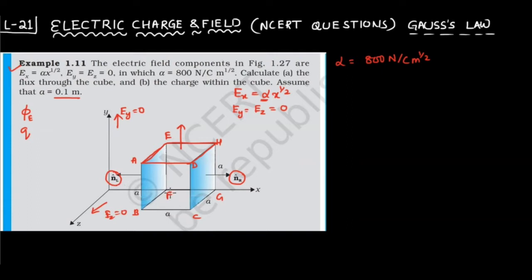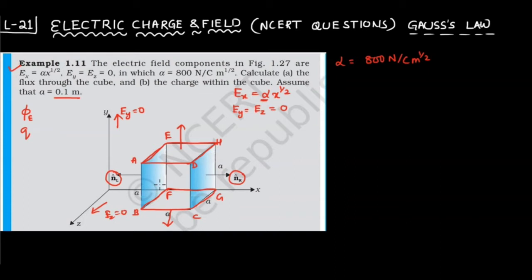Similarly, look at the surface F, B, C, G. The area vector of this surface will be directed in the downward direction. Similarly, the front surface has its area vector out of the screen, and for the back surface the area vector will be into the screen. So we have assigned the area vector direction to all 6 faces.